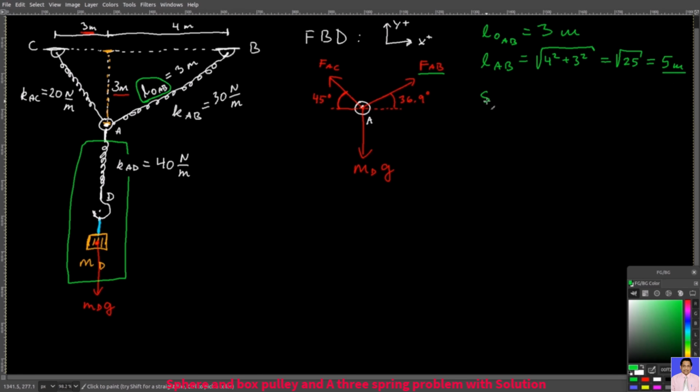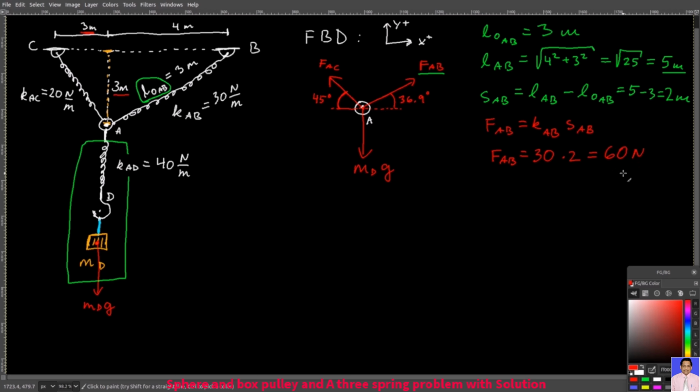From that, you can calculate the elongated part for that spring, which is 5 minus 3 equals 2 meters. And so FAB equals the spring constant times SAB. That will be 30 times 2, which is 60 newtons. So there you go. You know that this force is 60 newtons.